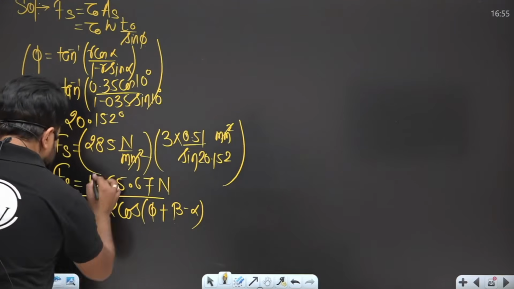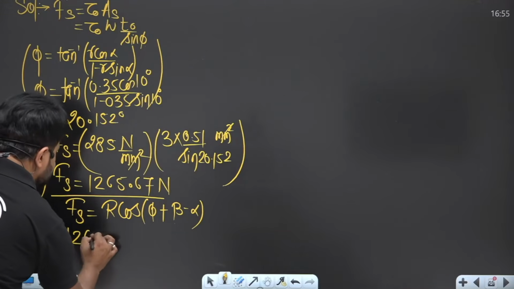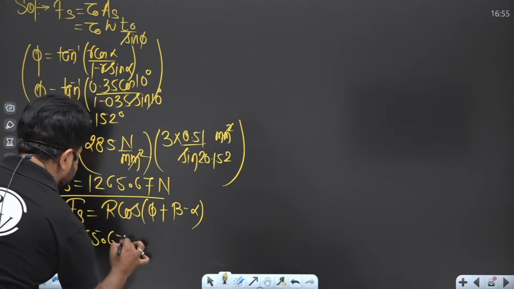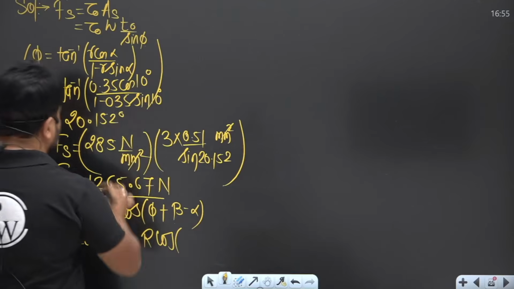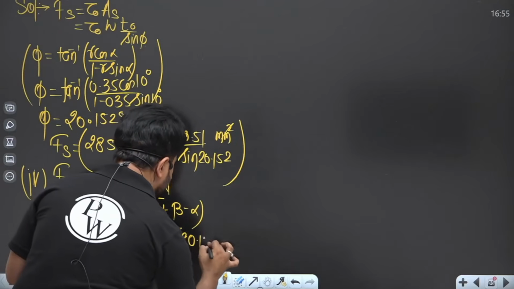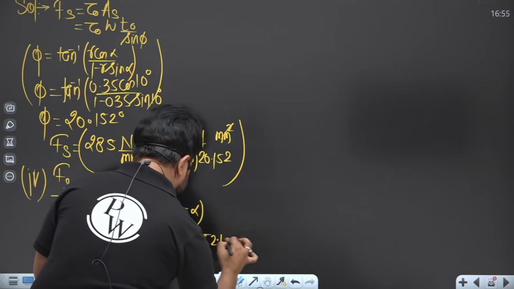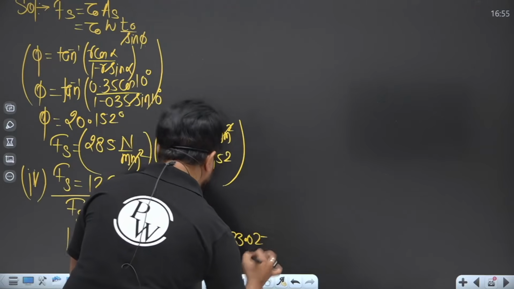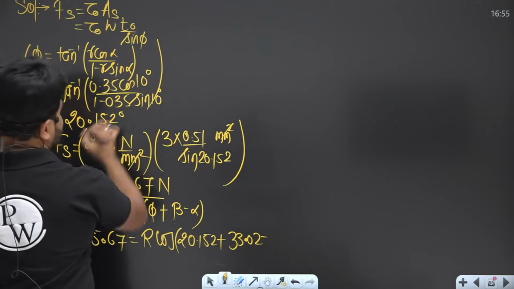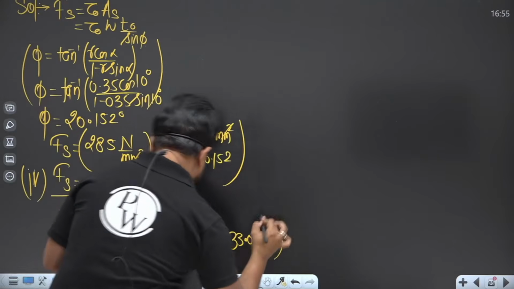Now Fs is what? 1265.67 equals R cos(phi plus beta minus alpha). Phi is 20.152, plus beta, that is 33.02, minus alpha. Alpha is 10 degree.